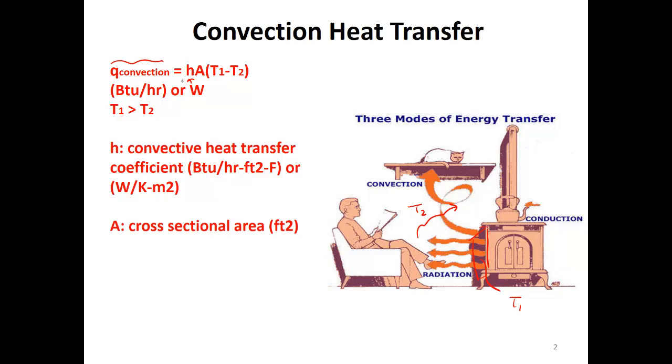As we've seen in conduction heat transfer, it has a factor called K, which is the thermal conductivity of the material. Here we're talking mainly about air, so the air convective heat transfer coefficient H. Then A is the cross-sectional area that we are considering here, and then we have the temperature difference T1 minus T2.